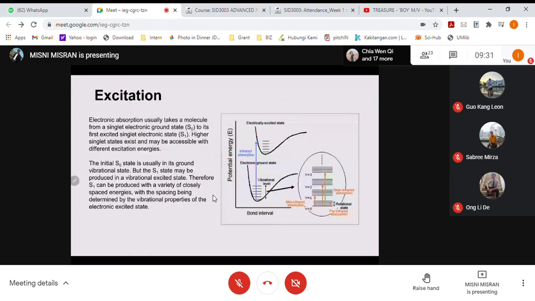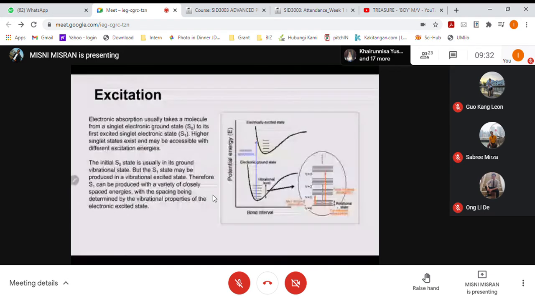Now I have basically described all the photophysical processes, including the absorption and the emission. Very simple one. So this one is another way of drawing your Jablonski diagram, on your right hand side: the drawing of energy levels in a curve.